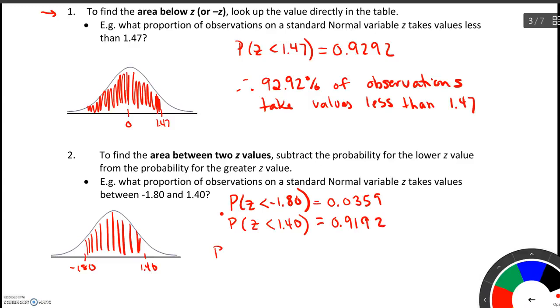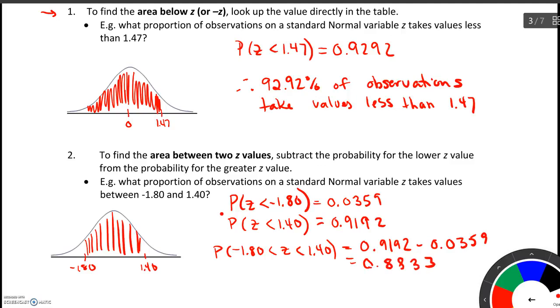And so then the probability that Z is between those values I get, again, by finding the difference between them, by taking the cumulative probability associated with the greater Z value and subtracting from it the probability of the lesser Z value. This gives me a result of 0.8833.